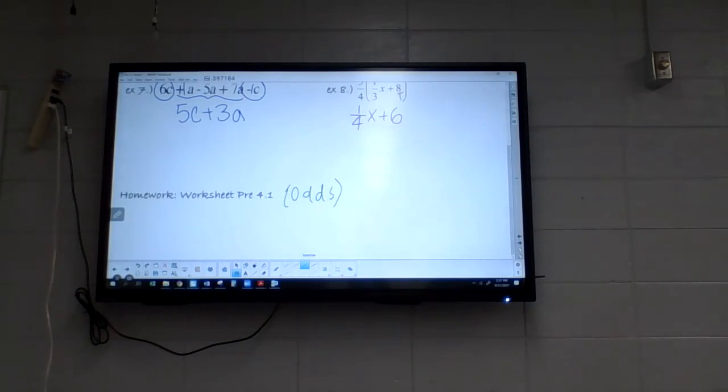Let me grab this. So odds on the front and the back. So basically the left-hand side of the paper.